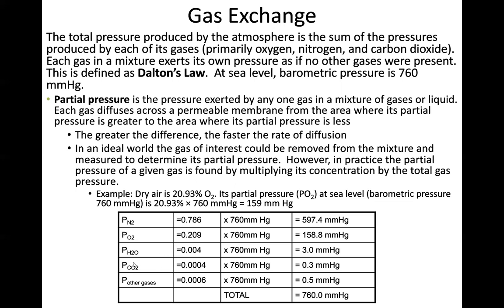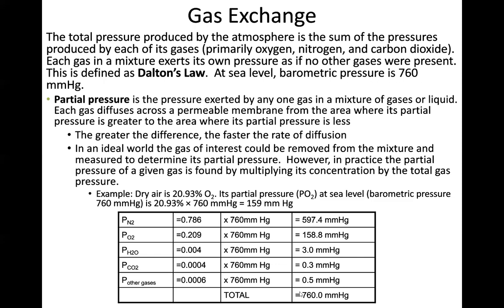Carbon dioxide is very minuscule, not even a single percent. So you add those gases up together, primarily oxygen, nitrogen, and carbon dioxide, and that's what gives you your barometric pressure.